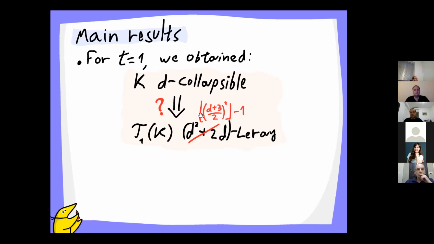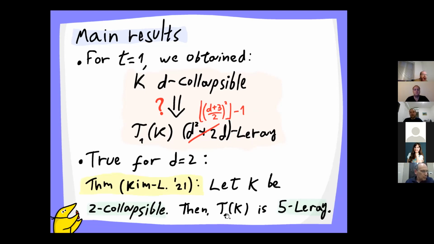So we know this is true for d equals 1, and in addition, we were able to prove this also in the special case d equals 2. So we show that if K is 2-collapsible, then the one tolerance complex of K is 5 Leray, where 5 is exactly the number we obtain by setting d equals 2 here. Okay, so these are the results.